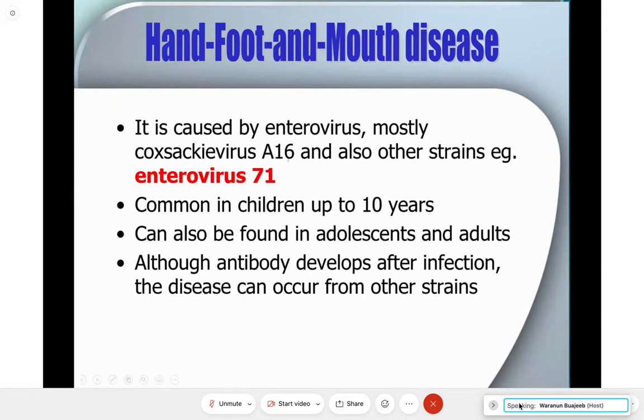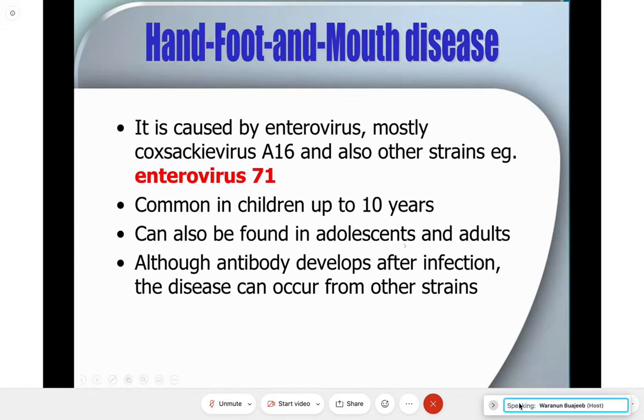So in that case, it means that some patients with hand, foot, and mouth disease caused by enterovirus 71 need close monitoring, because the fever is very high and may cause other very serious complications.